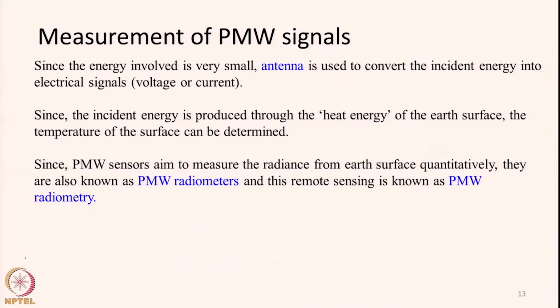In the microwave domain, the detector we use for collecting information about the earth's surface is an antenna. It is not a simple detector like we use in optical remote sensing, but an antenna. We might have seen antennas normally for communication purposes. Same concept, and the purpose of the antenna is to convert the energy falling on it into an electrical signal.